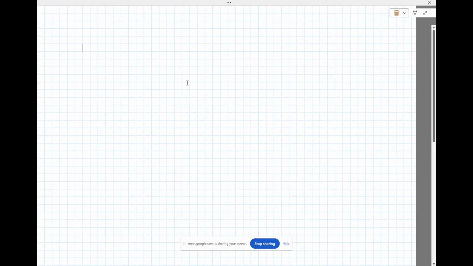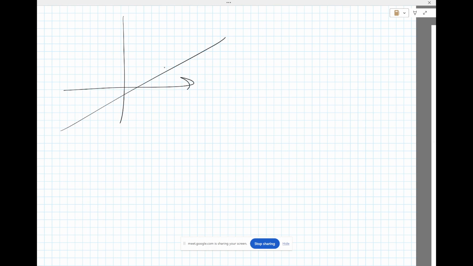So a polyhedron is an intersection of half spaces, right? This is a half space, and another one I take, this is a half space.